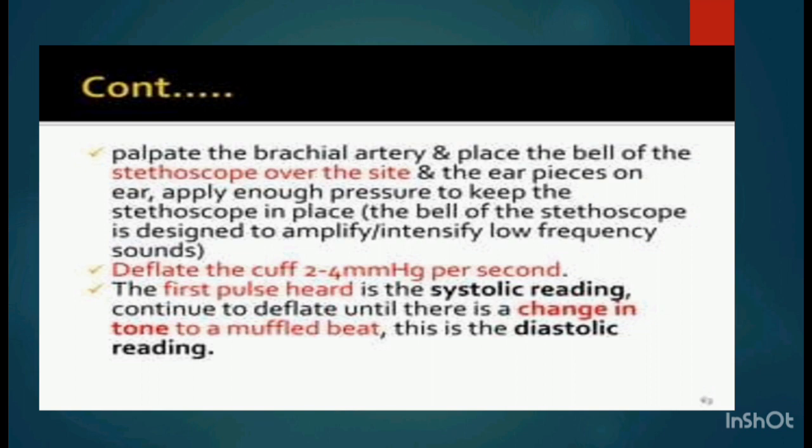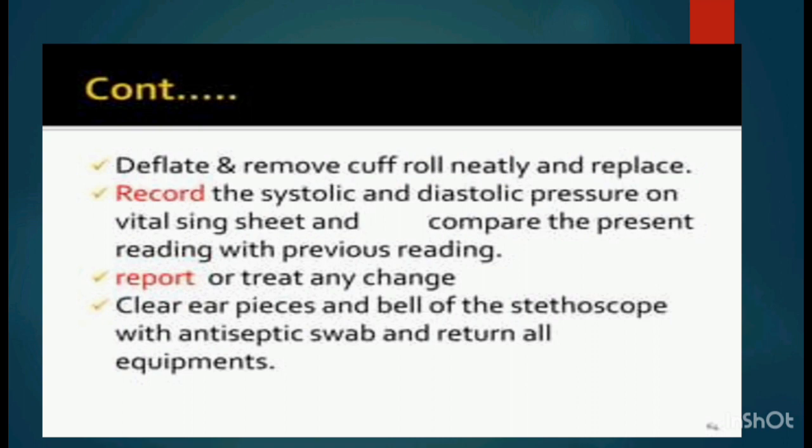Deflate the cuff 2 to 4 mm of Hg per second. The first pulse heard is the systolic reading, and continue to deflate until there is a change in tone to a muffled beat, which is the diastolic reading. Then deflate and remove the cuff, roll it neatly and replace it.